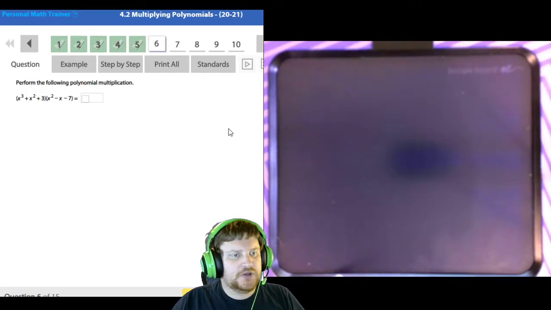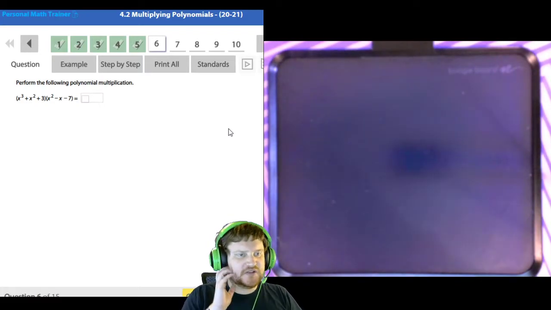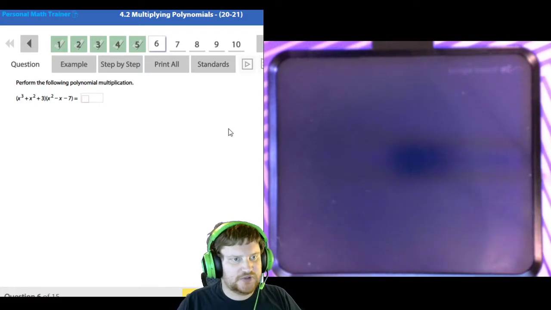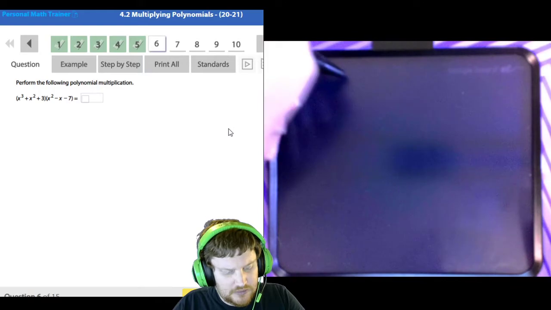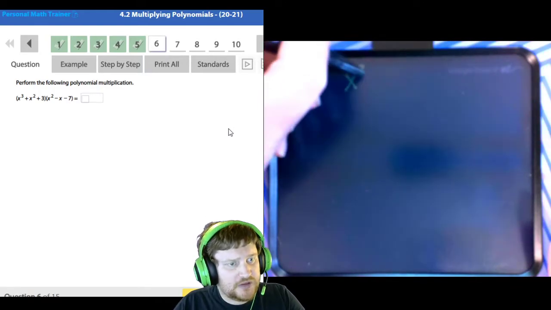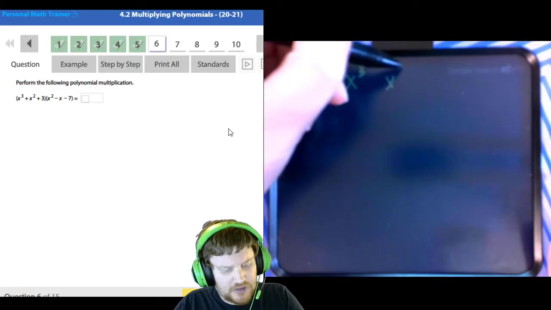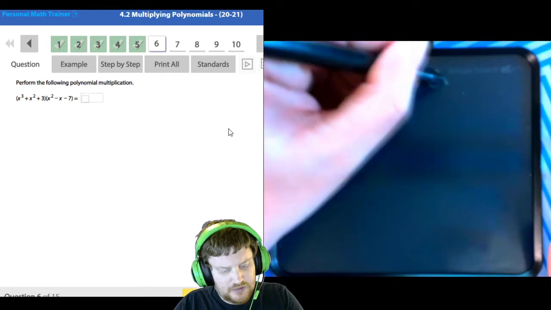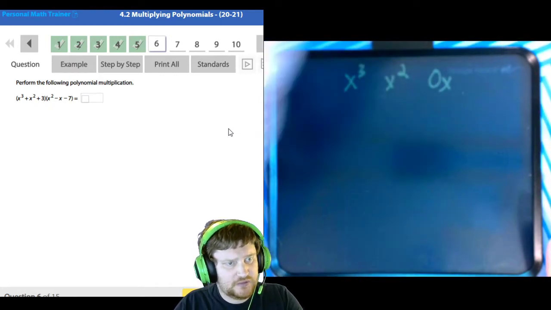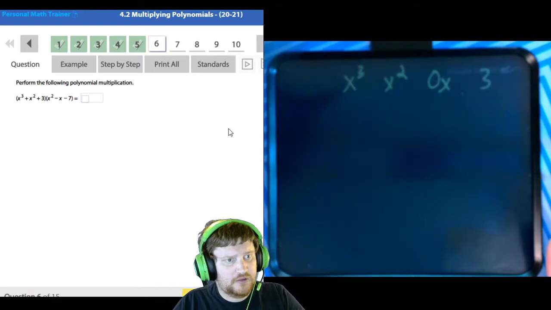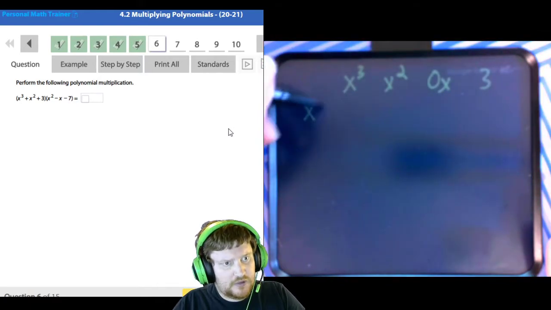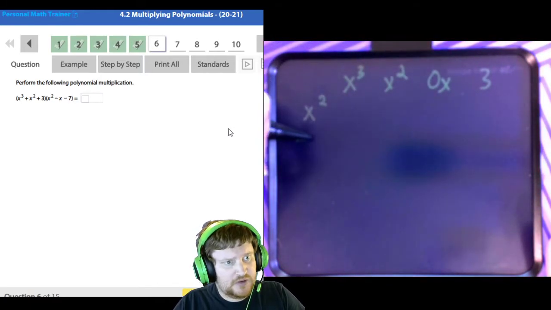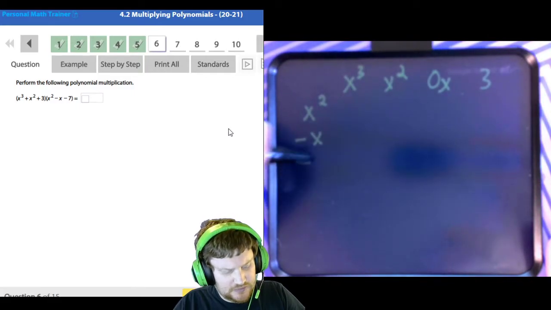Polynomial multiplication. This time we just have x's. Let's use the box method again. X cubed, x squared, 0x, 3. x squared, negative x, negative 7.